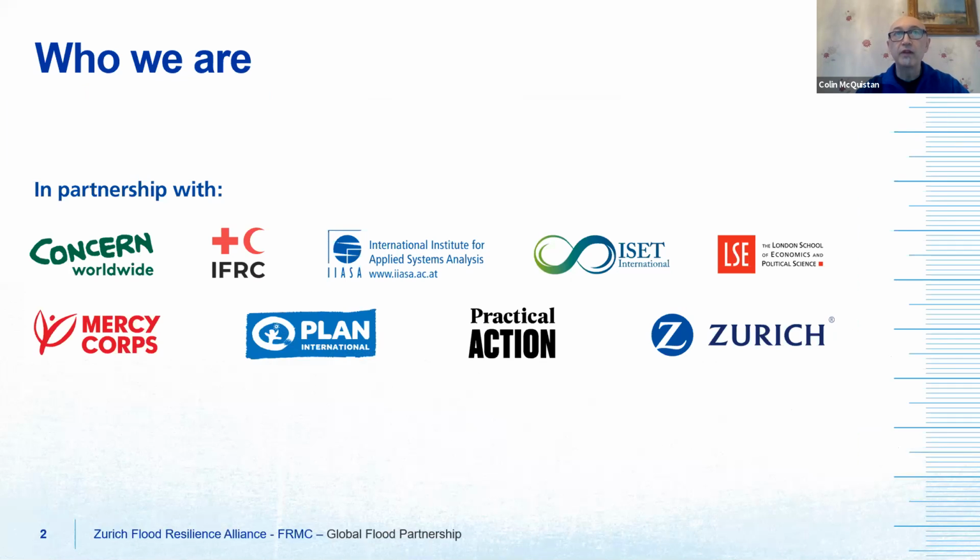Then we've got 3 research partners, the International Institute of Applied Systems Analysis, IIASA, which is based in Austria, ICEC International, which is based in Boulder in the US, and the London School of Economics. And then supporting this whole alliance is the Zurich Insurance Company. The Zurich Foundation finances the program, and Zurich Insurance Company itself actually provides risk engineering inputs into the program.